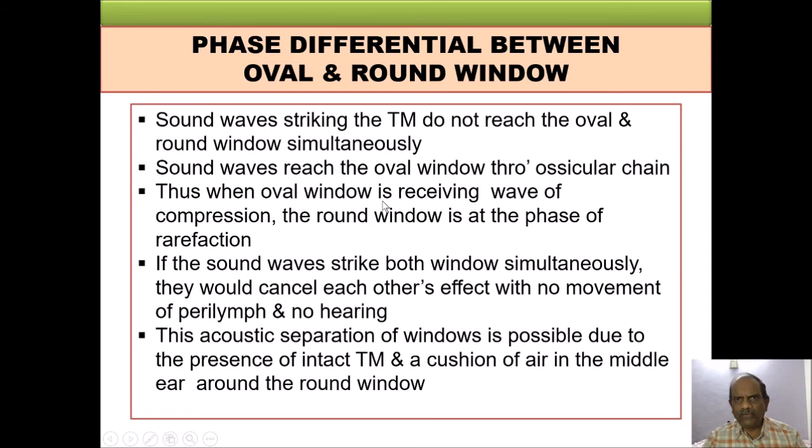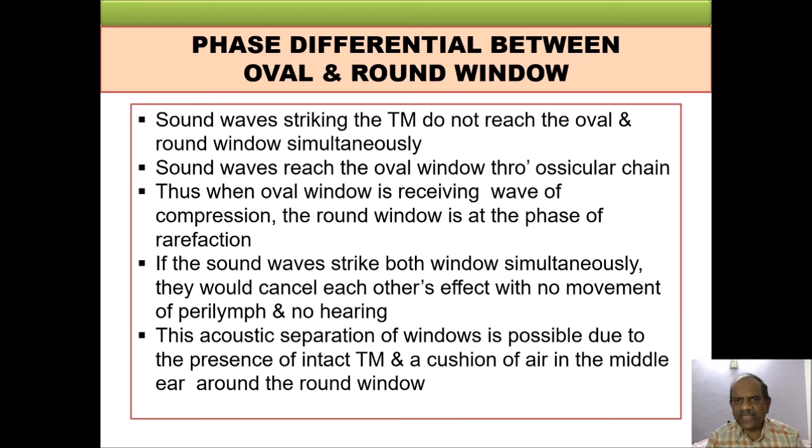Thus, when the oval window is receiving a wave of compression, the round window is at the phase of rarefaction. If the sound waves struck both windows simultaneously, they would cancel each other's effect with no movement of perilymph and no hearing. This is very important, just try to understand it.